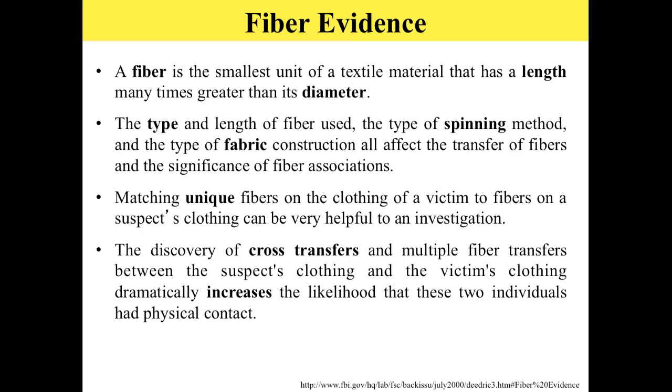Since neither of these situations is likely to occur or be known, fiber examiners will conclude that the fibers could have originated from the clothing, or that the fibers are consistent with originating from the clothing. The only way to say that a fiber did not originate from a particular item of clothing is to know the actual history of the garment, or to have actually observed the fiber transfer from another garment.